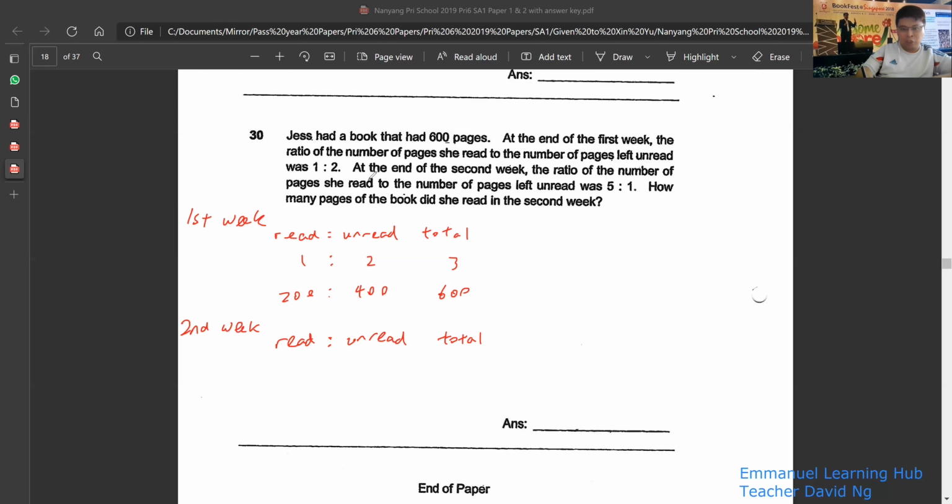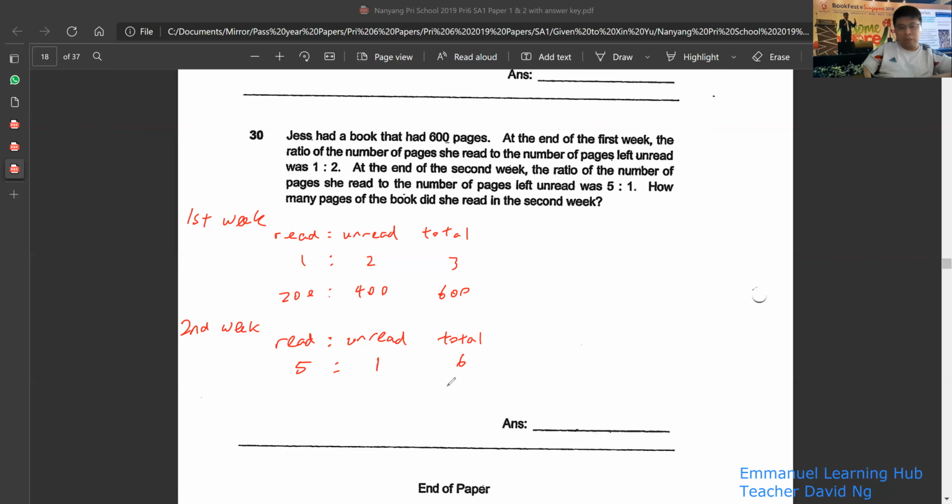The ratio of the number of pages you read to the number left unread is 5:1. Okay, total 6 units this time. 5 plus 1 is 6 units.